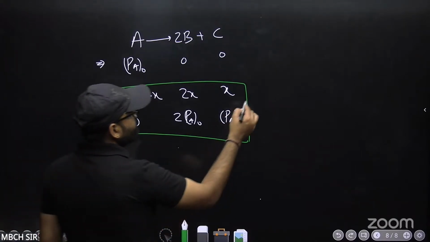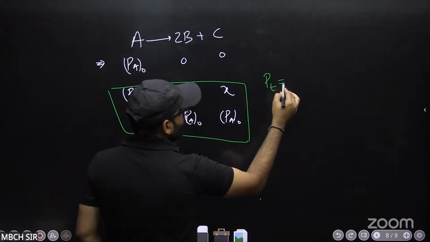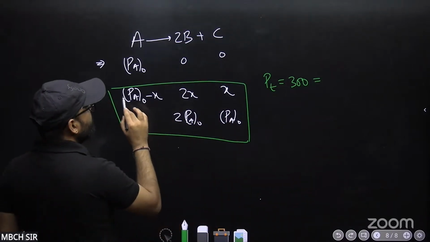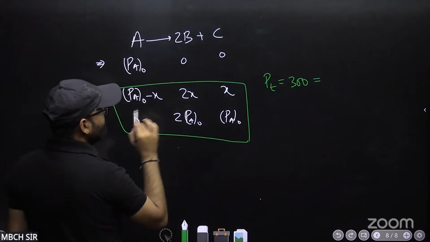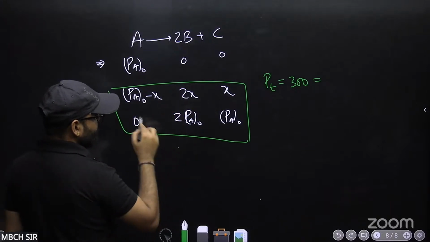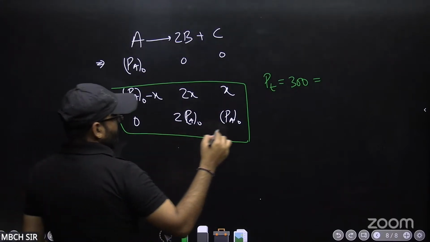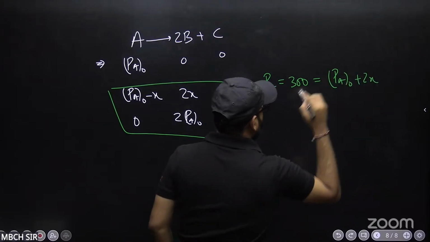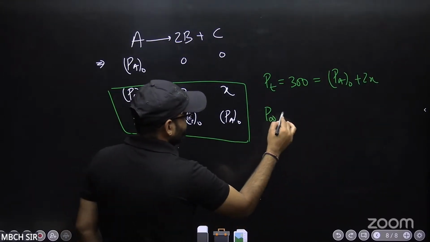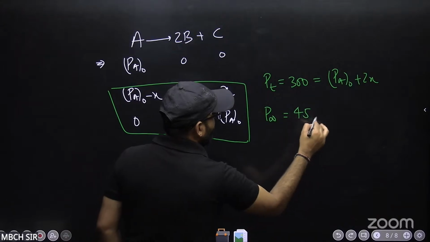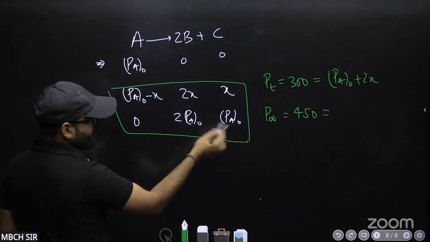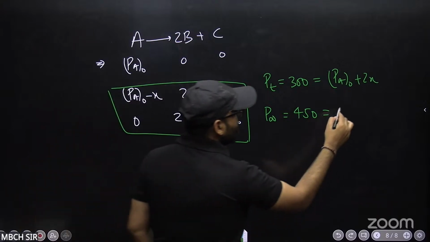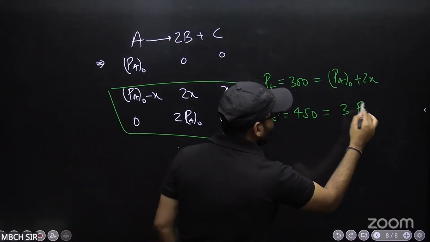So pt which is equal to 300 and that is equal to, you have to add pressures of A, B and C at given time t. A, B and C. So addition of these three will be PA naught plus 2x, and P infinite is 450 and that is equal to addition of pressures of B and C at t equals to infinite, which will give you 3 PA naught.